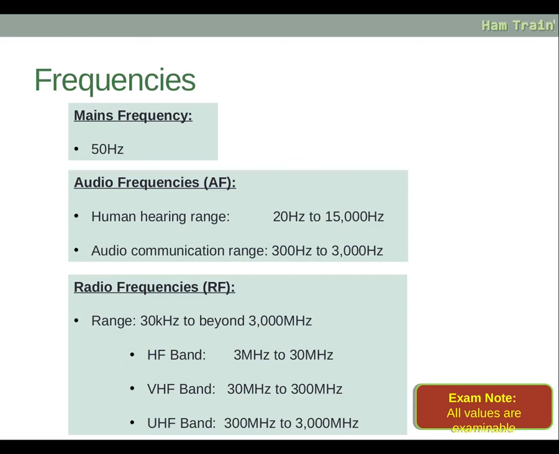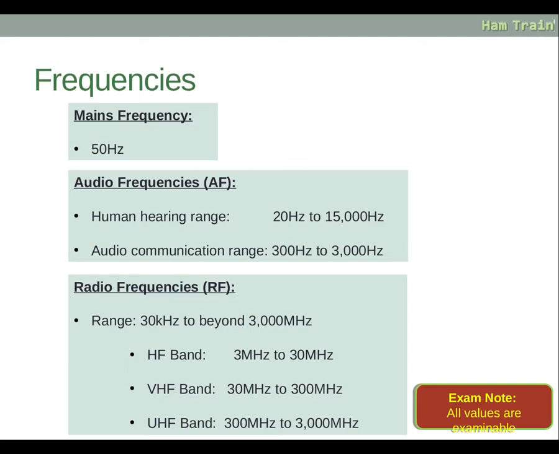Audio frequencies, so these are noises that we hear through our ears. The frequency of those noises ranges from 20 Hz to 15,000 Hz. So we can hear things as low as 20 Hz and as high as 15,000 Hz. Remember, that's 15,000 oscillations per second.